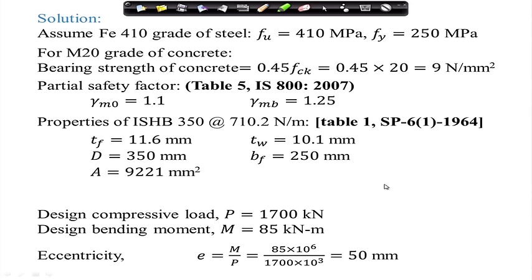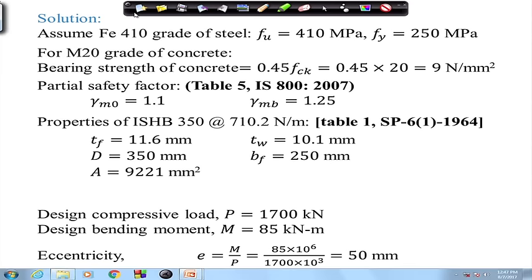If we go to the solution, first we need to note down certain properties which will be required for the calculations. For Fe 410 grade of steel we know these properties, and for the M20 grade of concrete used here, the bearing strength of concrete will be 0.45 fck, which is 9 Newton per millimeter square.